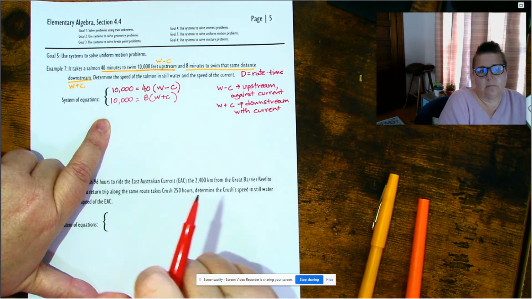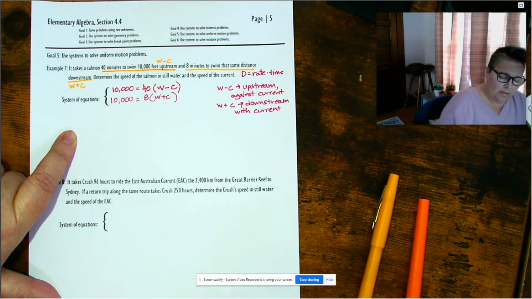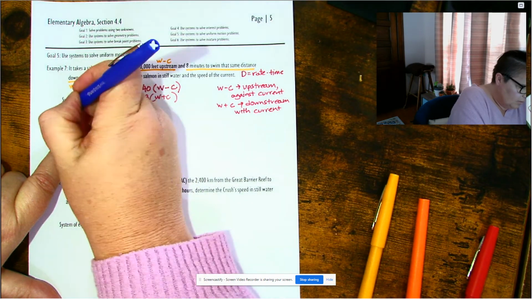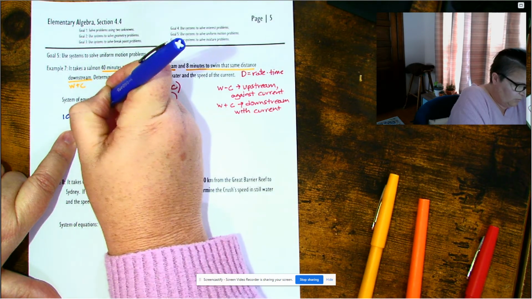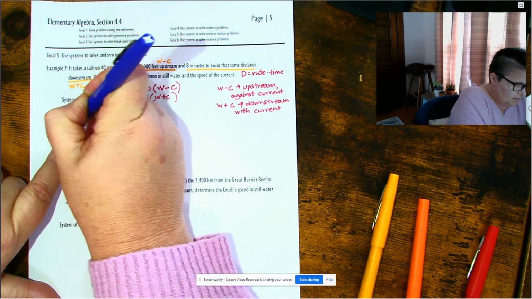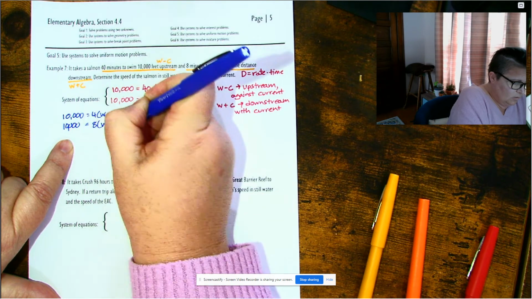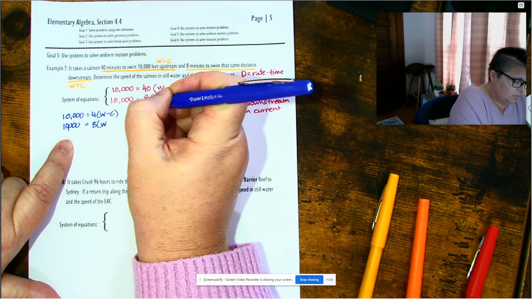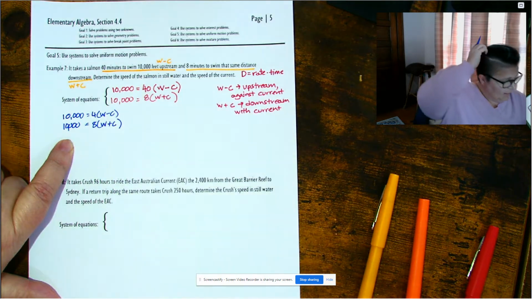All right, so I have two equations here. 10,000 is 40 times W minus C, and 10,000 is 8 times the speed in still water plus the current.